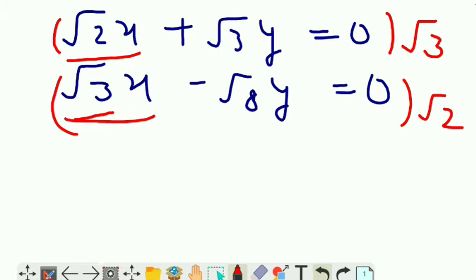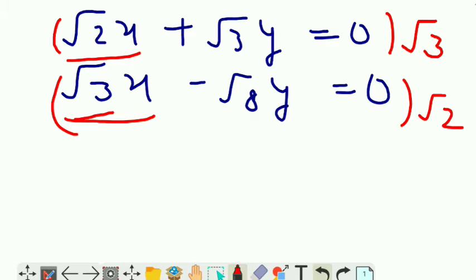Suppose we want to cancel y, so it was here root 3y. Okay, so what is the coefficient of y in the second equation? That is root 8. So in that case we will multiply the first equation by root 8 and the second equation by root 3. So you understood how we choose the number by which we need to multiply.